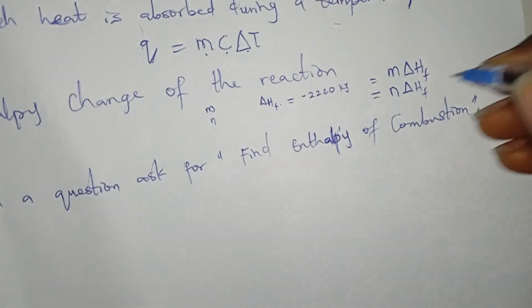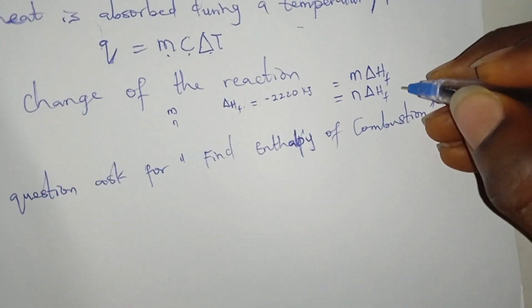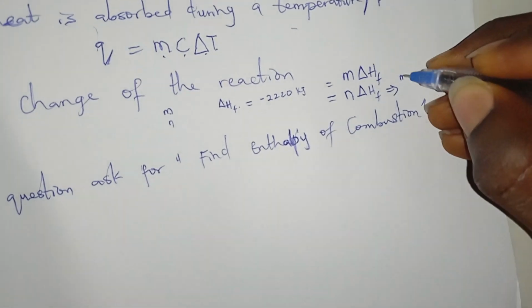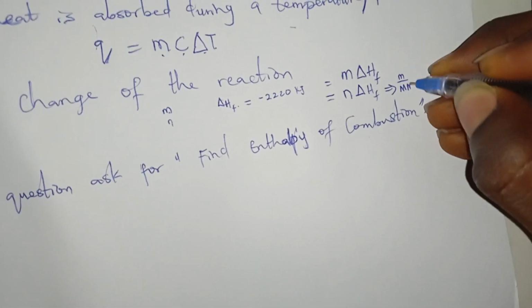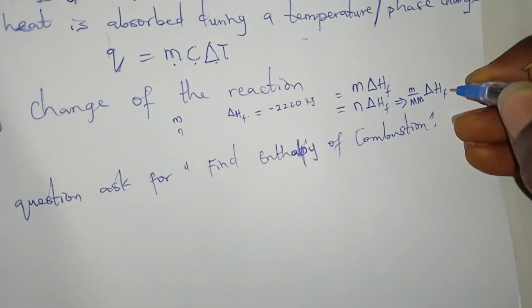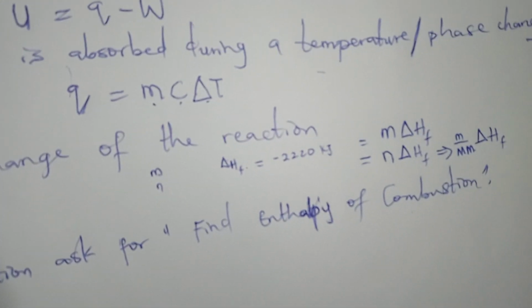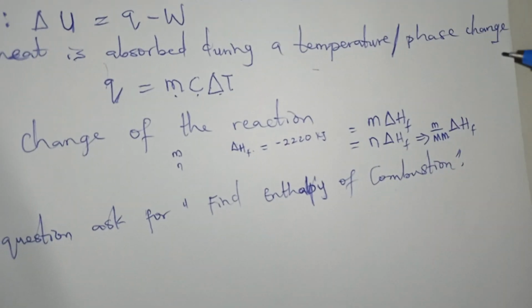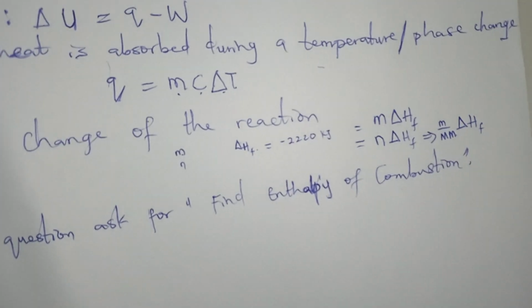In some cases, they can give you molar mass, so you can do mass over molar mass times heat. These are formulas to make use of when they tell you about the enthalpy change of the reaction.